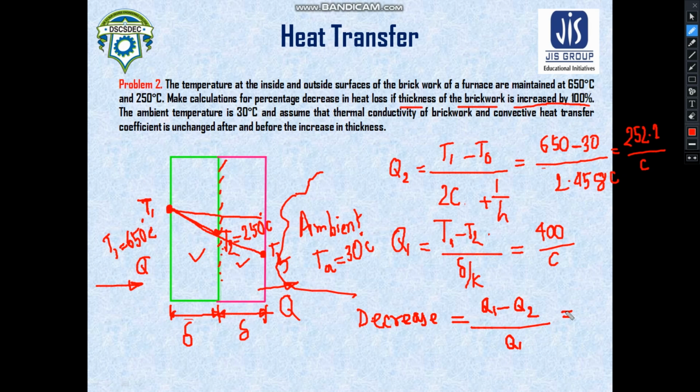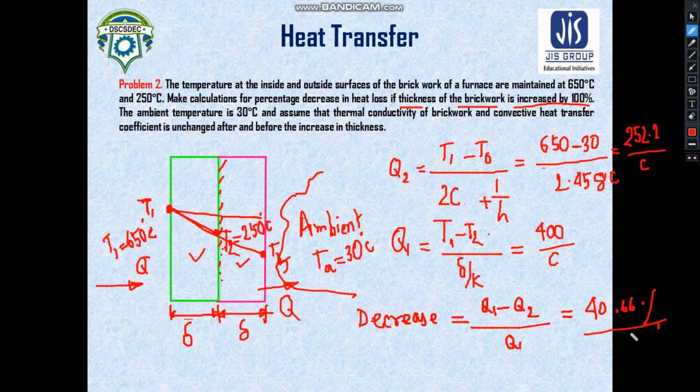Ultimately you will get a result of 40.66%. That means you need to put this value 400 by C minus 252.2 by C, divided by 400 by C, and you will get this final result.